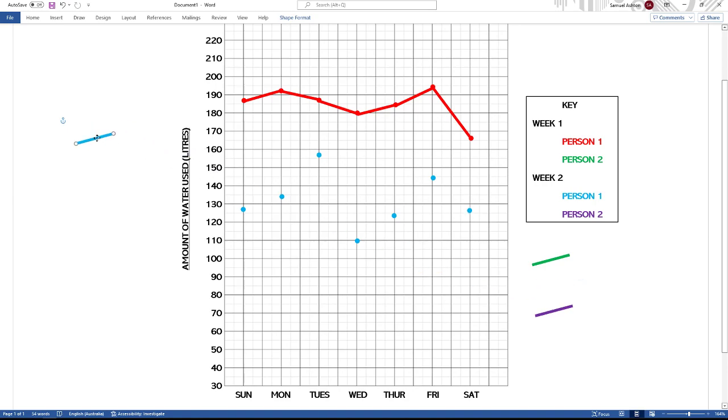Now we're going to bring our blue across, connect all the dots, and now I can immediately see that there's a significant drop in liter usage or water usage between week 1 and week 2, which tells me that my strategy's worked, so it's effective.